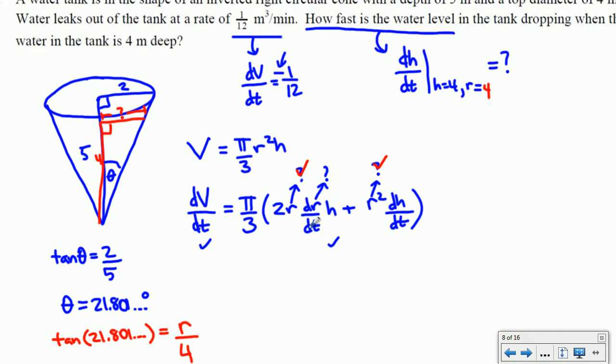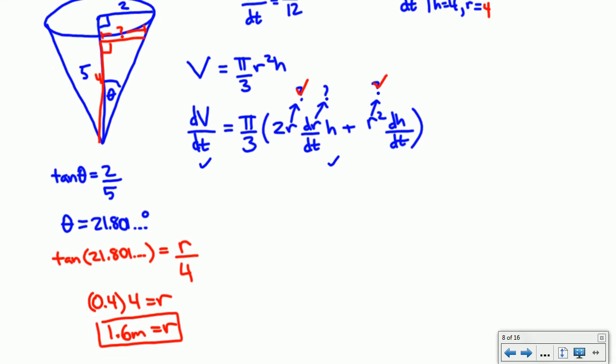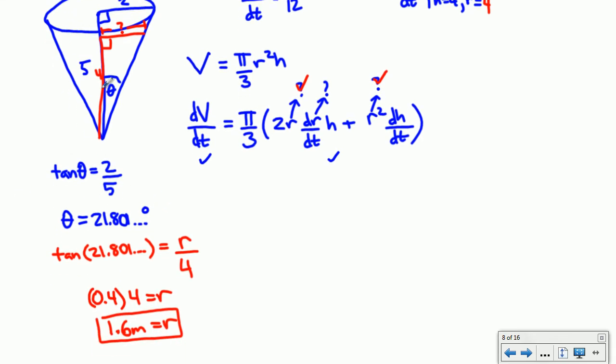The last piece that we need before we can continue to figure out dh/dt is to figure out what dr/dt is. We don't know what dr/dt is. It should be related to the height though. So notice this equation here. This angle is going to be constant.